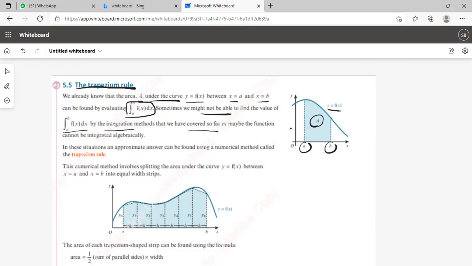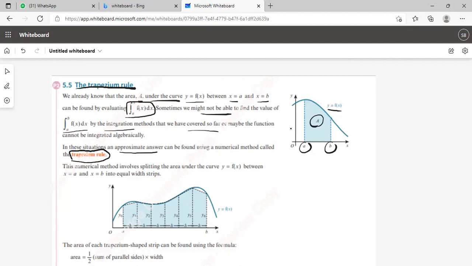It could be that you can find the area under the curve using integration, but if this f of x is of such a form that you have not discovered its integration so far, but still you have to find an approximate answer, in these situations we approximate answers by using this trapezium rule.